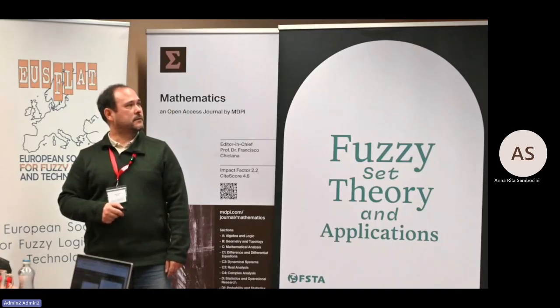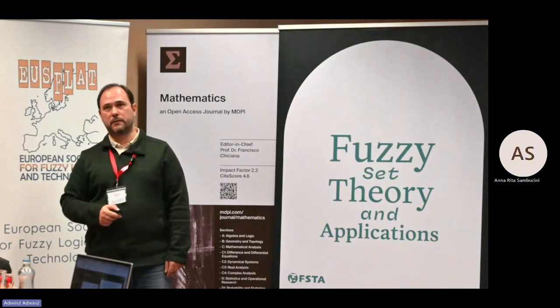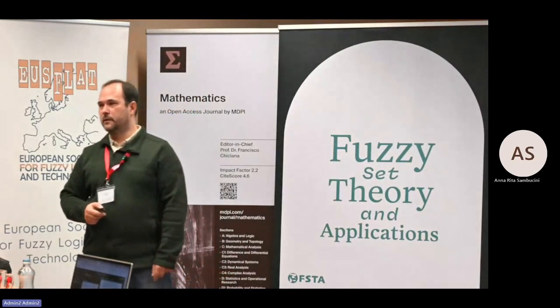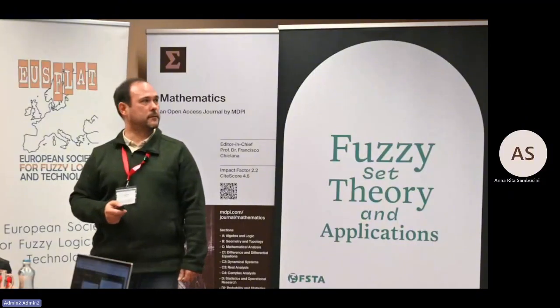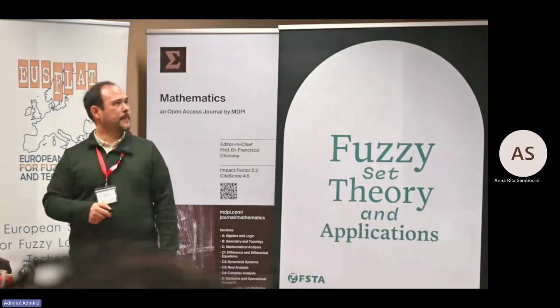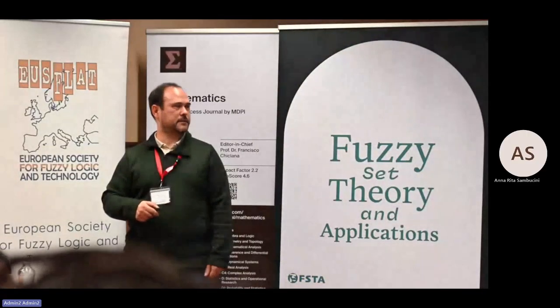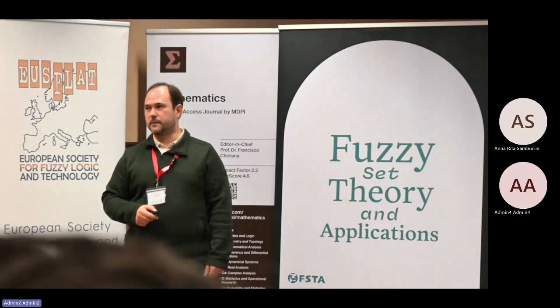This is the calculation for the assignment update. We try to find the nearest cluster, so k is the number of the nearest centroid for the point. And centroids are updated by this formula. It's the arithmetic mean.